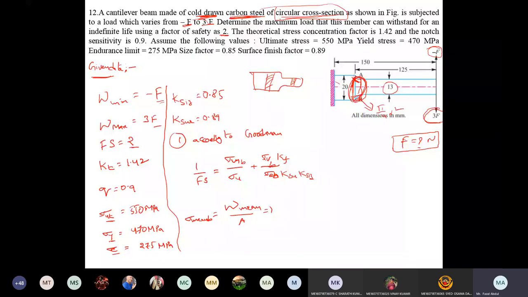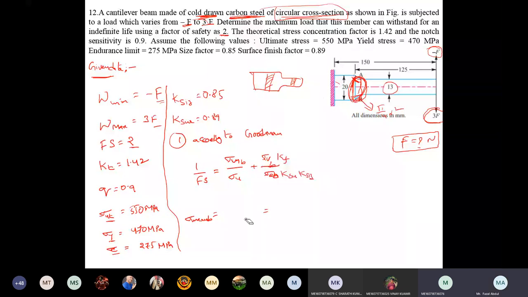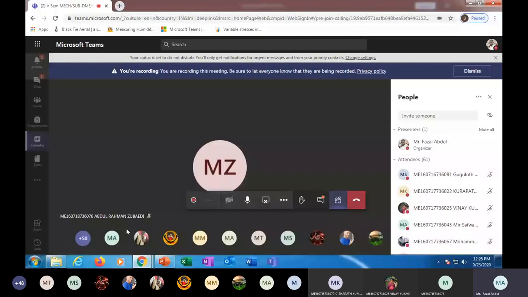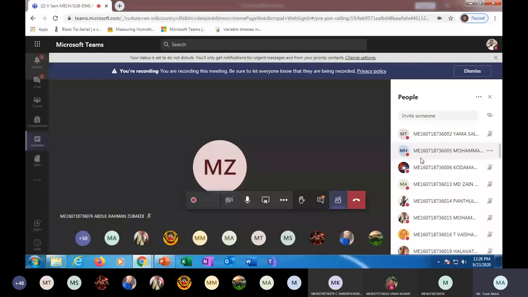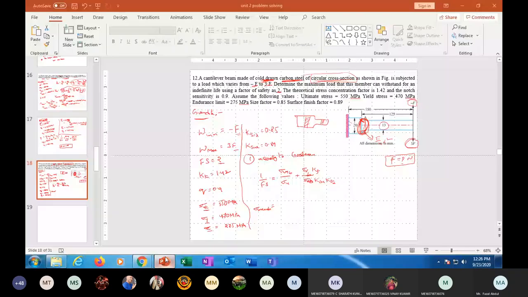For the bending stress, what do we need to write?